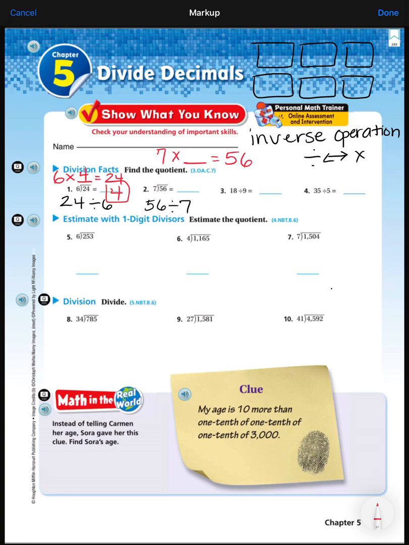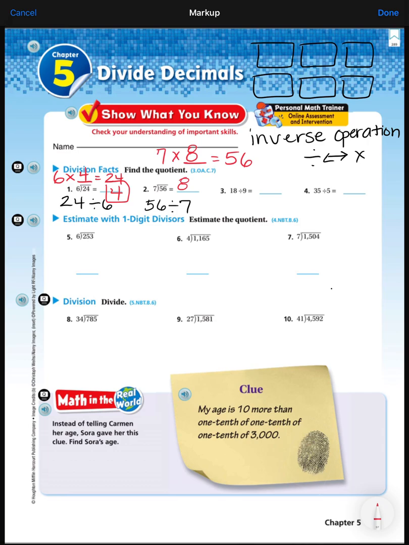That would give me my answer. Well, we know based off of basic multiplication facts that 7 times 8 is 56. Therefore, 56 divided by 7 is 8. Okay?